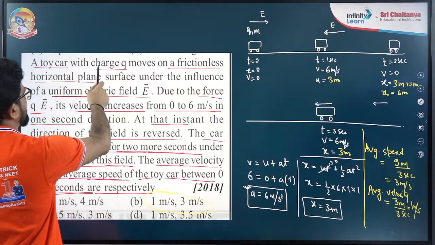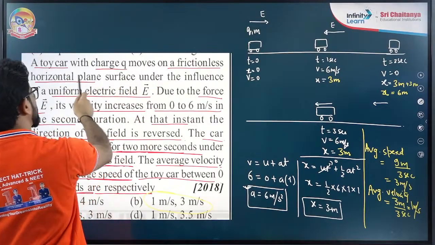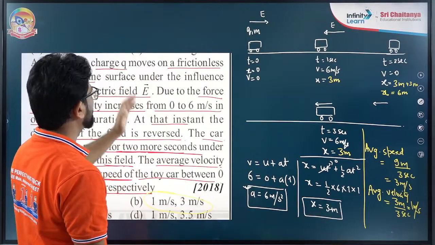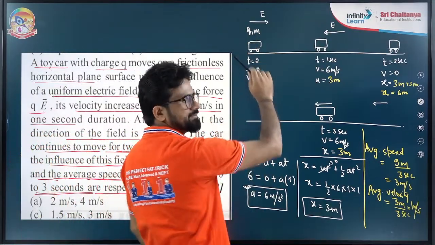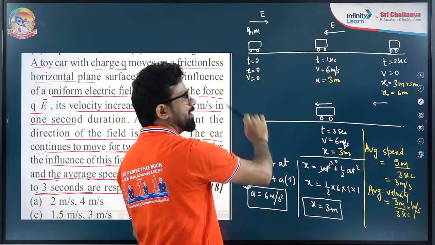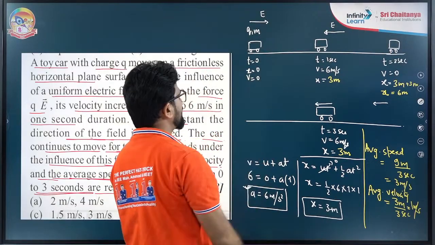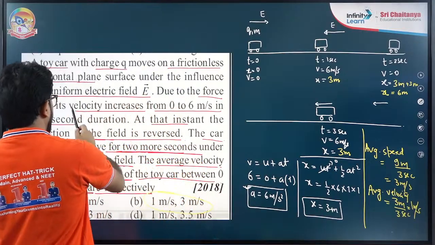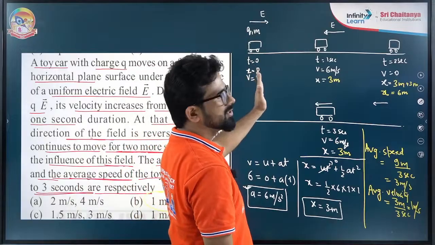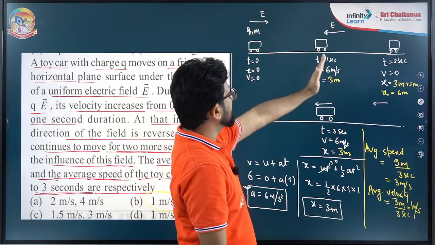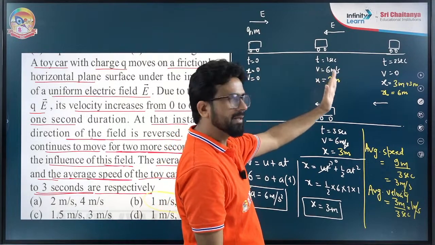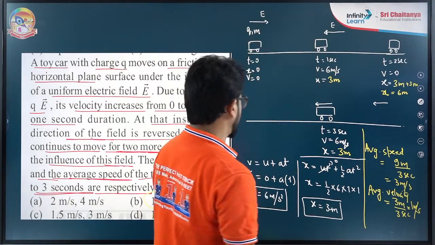A toy car with charge Q moves on a frictionless horizontal plane surface under the influence of a uniform electric field E. At t equal to 0, x equal to 0 position, velocity is equal to 0. Its velocity increases from 0 to 6. So at t equal to 0, velocity is 0, and at t equal to 1 second, it becomes 6 meter per second. In 1 second it increases to 6 meter per second.